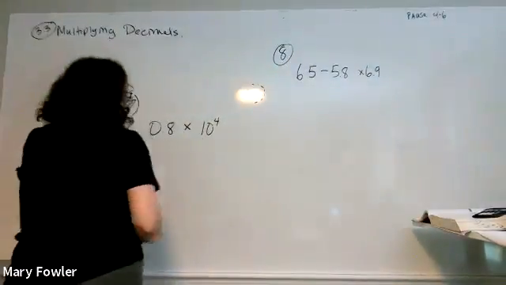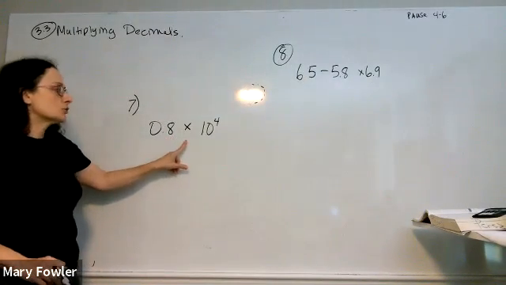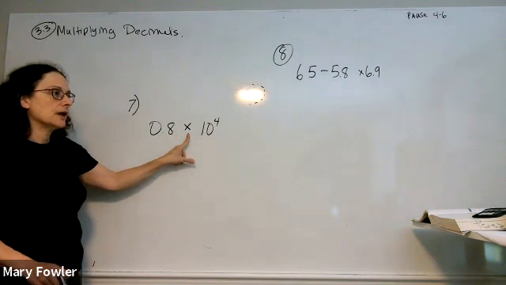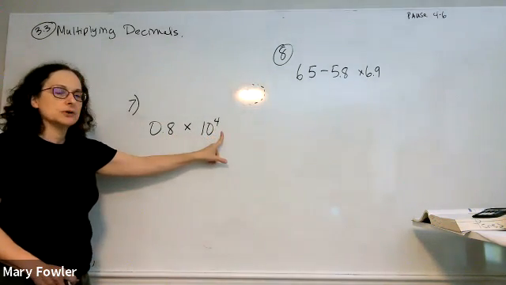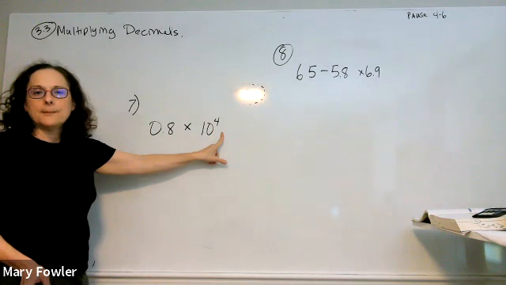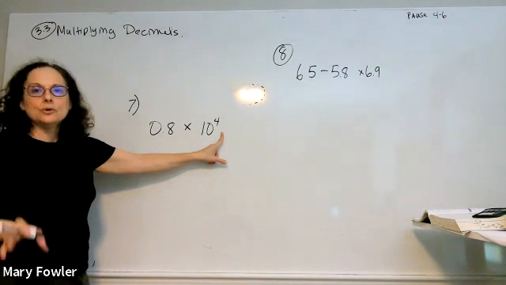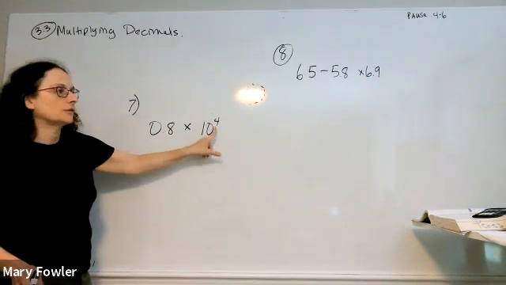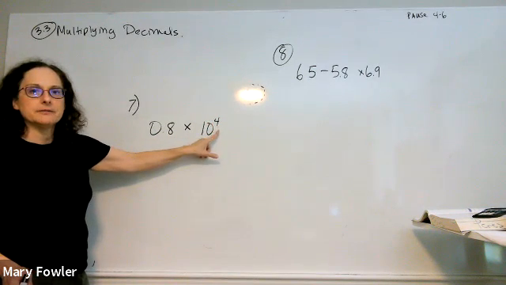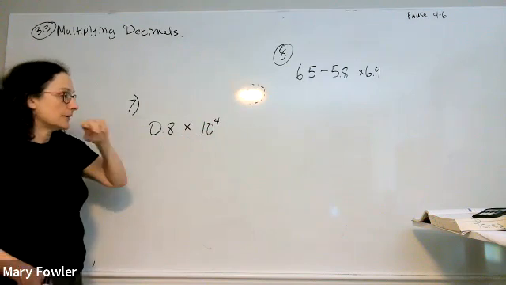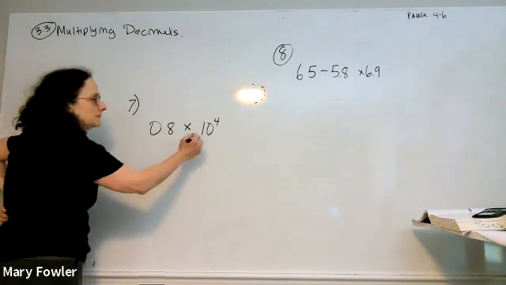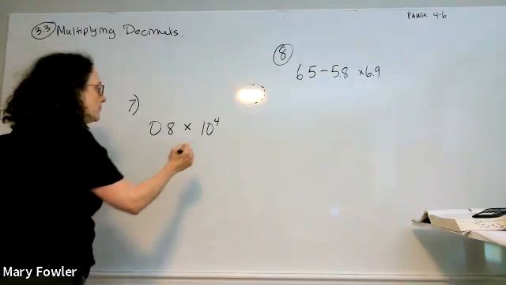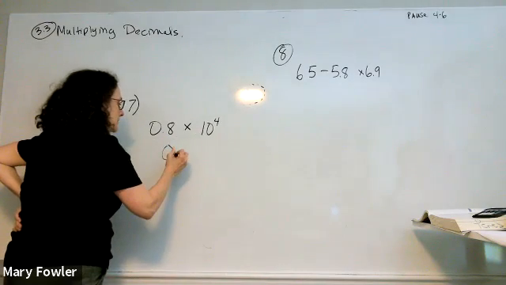Okay, so when you look across here, we see a multiplication and we see an exponential. So using order of operations, we're going to take care of the exponential first, that's the E in PEMDAS. So 10 to the 4th is 1 with 4 zeros.